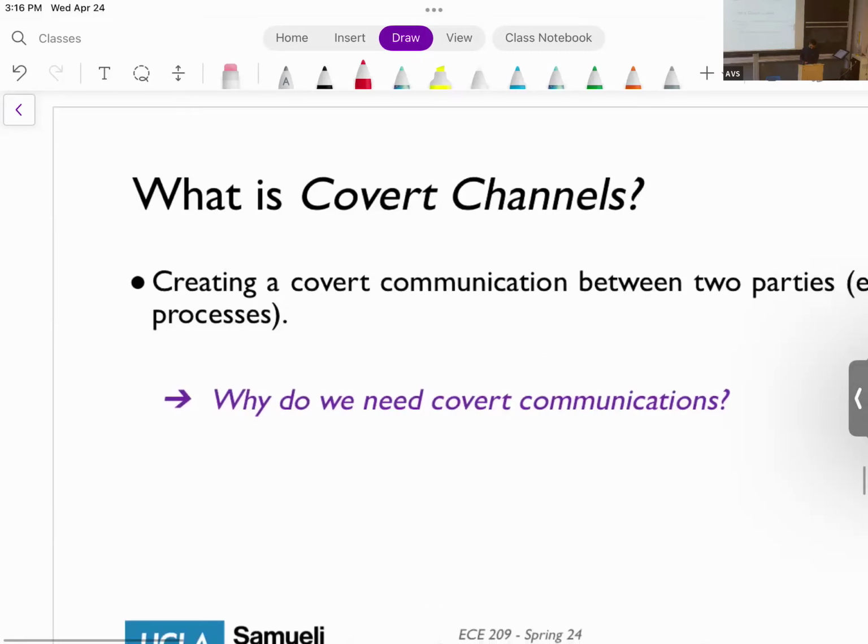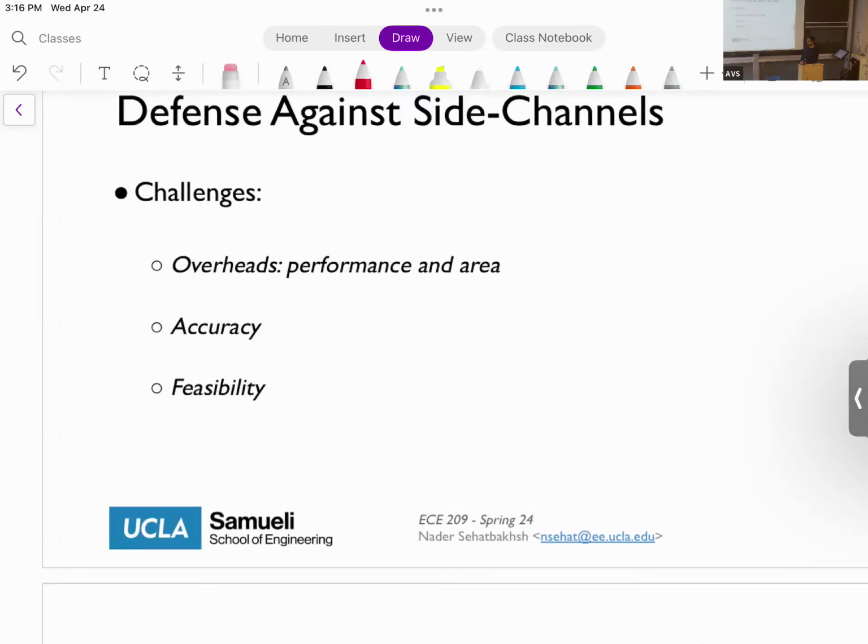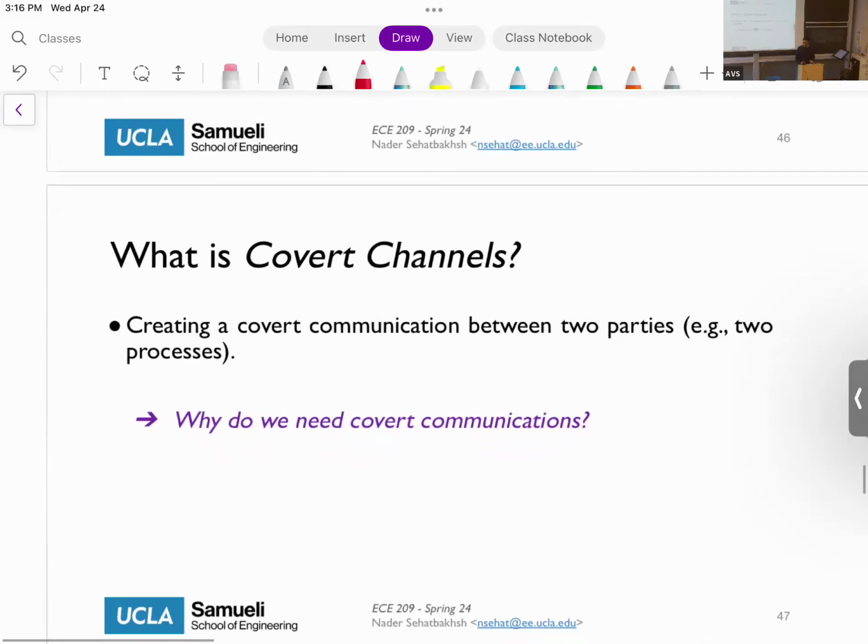All right. Another thing I want to talk about with cache side channels is what we call a covert channel. The covert channel is intentional communication between parties. Side channels were unintentional: there was a victim and the information from the victim was extracted by the adversary.